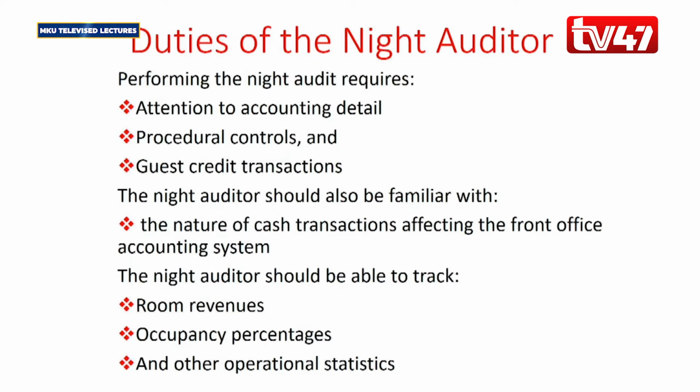It will also require understanding guest credit transactions. You also need to be familiar with the nature of cash transactions affecting the front office accounting system. The night auditor should also be able to track three key things: the room revenues, the room occupancy percentages, and any other operational statistic.